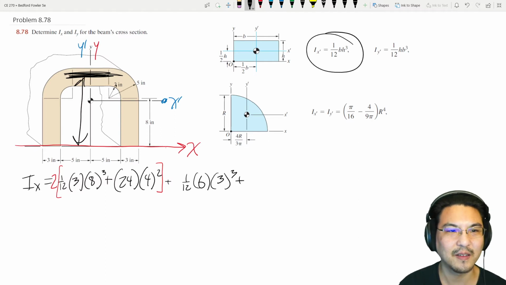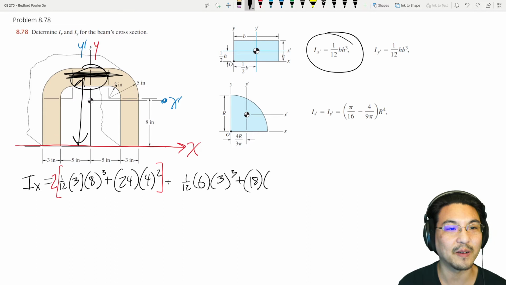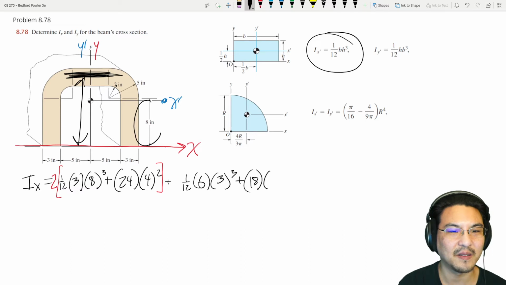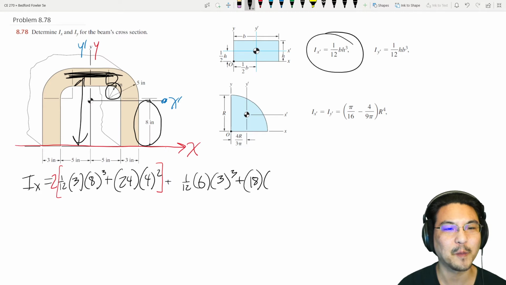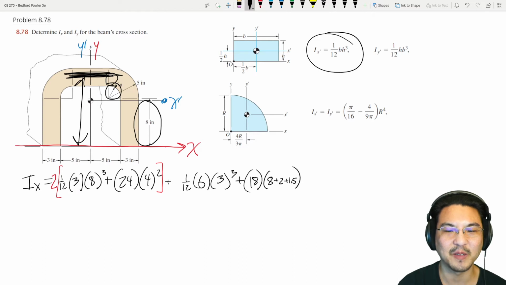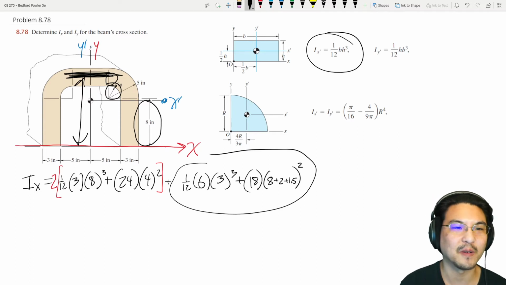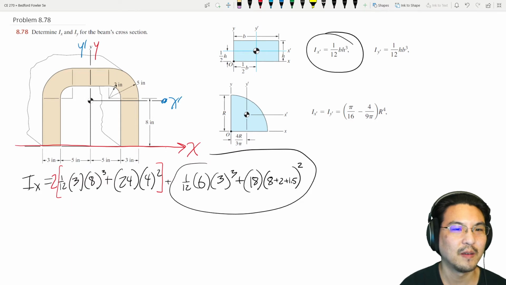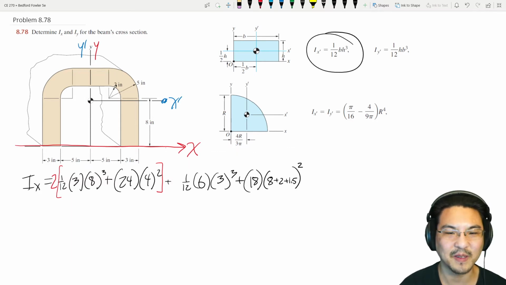So plus extra, the area of this shape, 6 times 3, times this distance squared. How far is that? Here to here is 8, plus another 2, plus another 1.5. So that squared. This is for this rectangle. There's only one of them, so that's it.